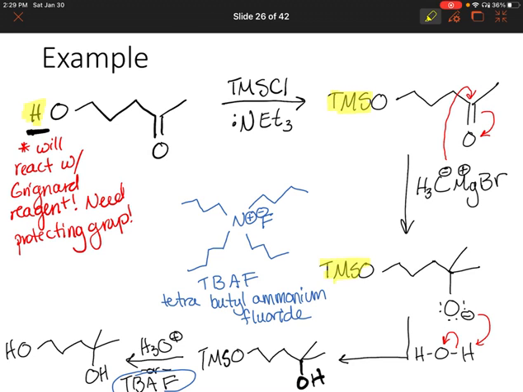And then we could perform our reaction that we wanted to. And then we added the hydrogen back on at the end. And then the Grignard reagent is what added on to our product and gave us our alcohol group.